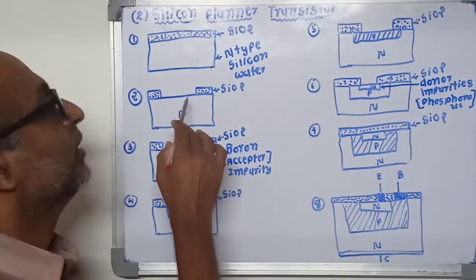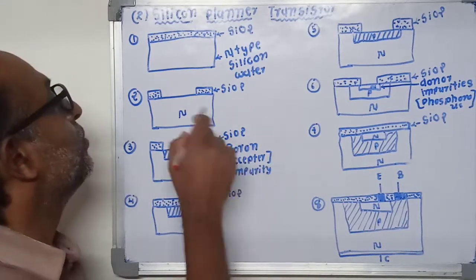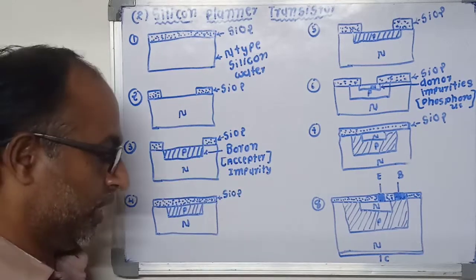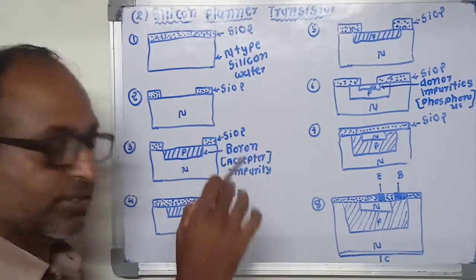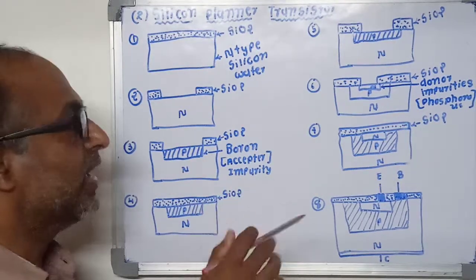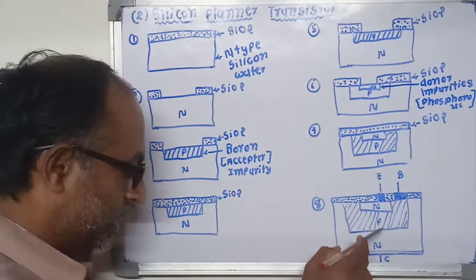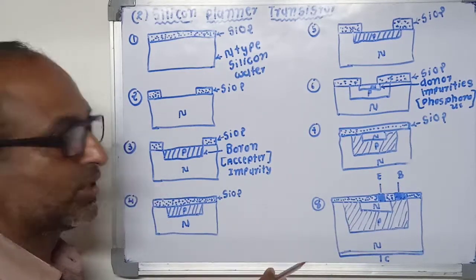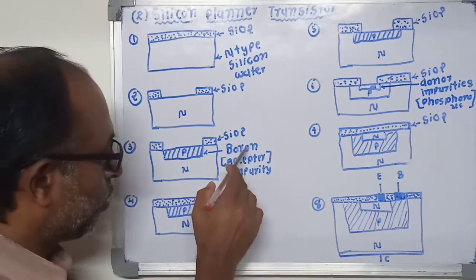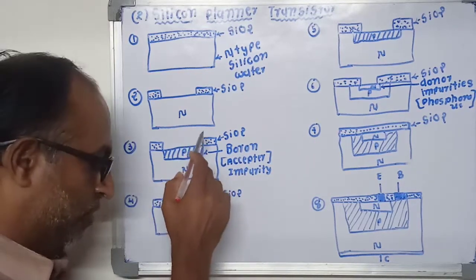For making the base, the acceptor impurities are diffused in the N-type material. For this, the silicon dioxide layer is removed from the area where the base is to be created by the photoresist process. Now boron impurities, which are p-type, are exposed in the form of vapor.